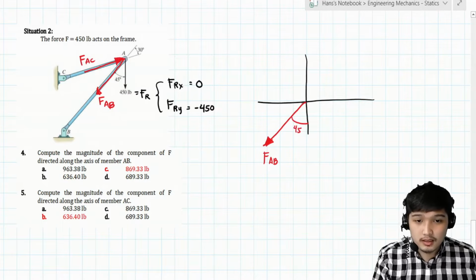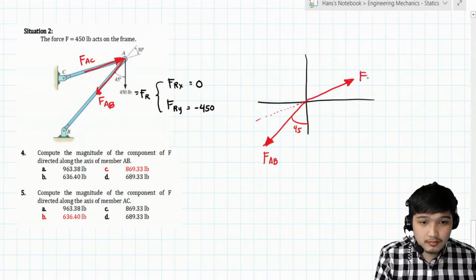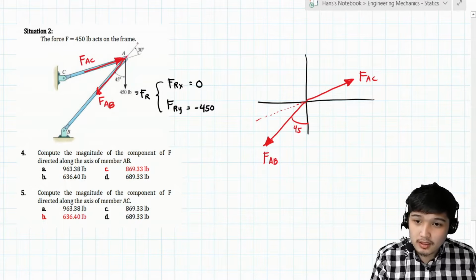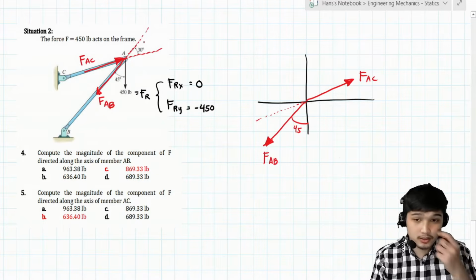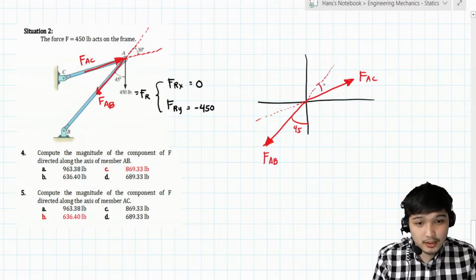And then, dito sa direction na to, yung FAC. Pero dito ko na siya i-drawing class. Ito yung FAC. Gets? Tapos, makikita mo, doon sa extension, yung angle of intersection nila is 30. So, kung i-extend ko to, ito yung 30, di ba? So, sabihin, 30 na rin to. Gets ba yan?